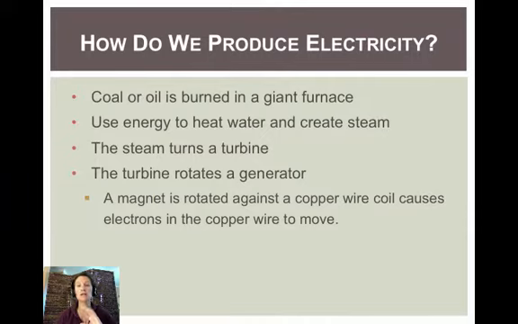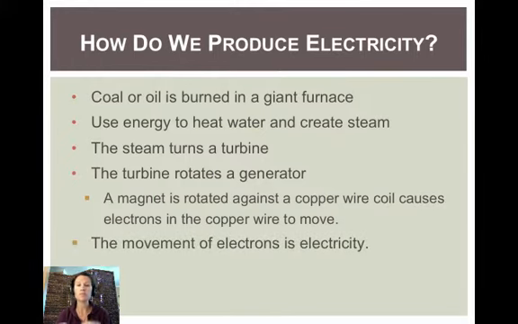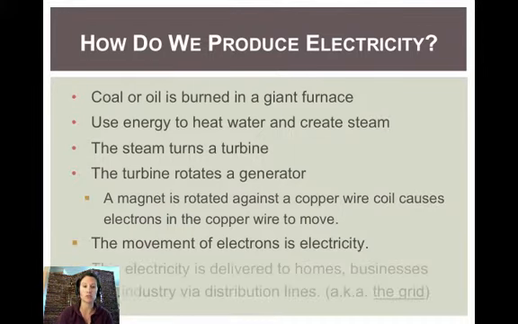When you spin a magnet around a copper wire, you end up exciting the electrons in the copper atoms in that wire. They basically pop off of their atoms and start to move around, and it's that flow of electrons that is electricity. We harness that movement of electrons to power things in our life.